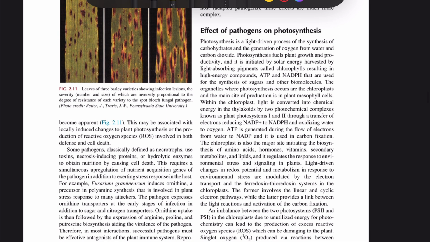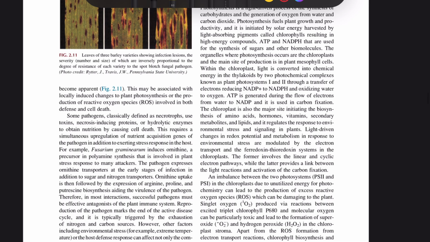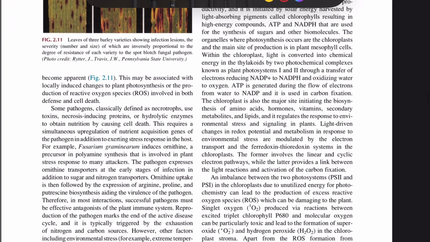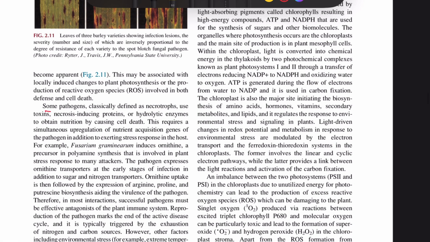One such example is that some pathogens are classically defined as necrotrophs. We have heard of this term, necrotrophs, which live on non-living, that is dead, tissues.